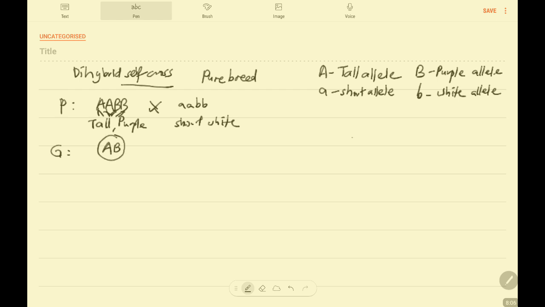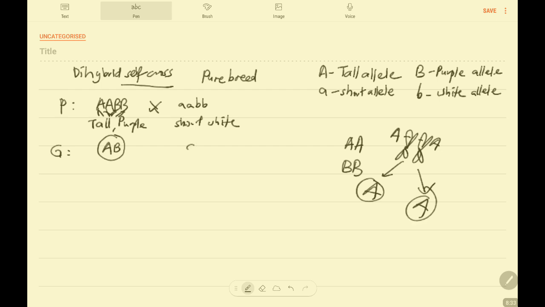Remember that it will not come out as big A, or big B, because it applies Mendel's first law. The first law is known as the law of segregation. The big A must segregate from the big A, so you never get a gamete that is big A, big A. Okay, so now this is big A, big B. For this case, same thing, we have small a, small b.